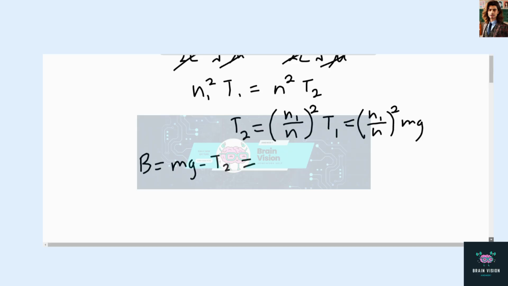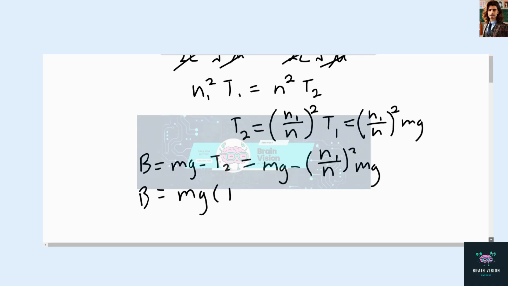So B is going to be equal to mg minus n1 over n squared times mg. We can simplify that to say that B is equal to mg times 1 minus n1 over n squared, and all of that's in parentheses.